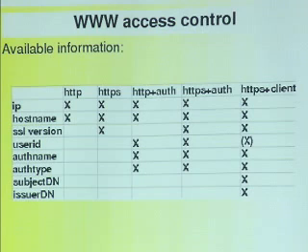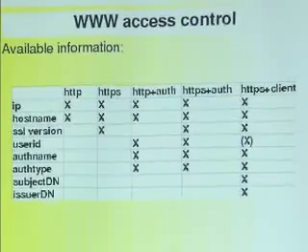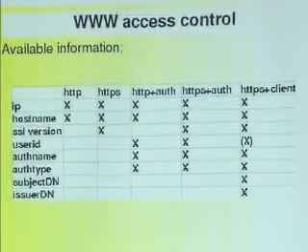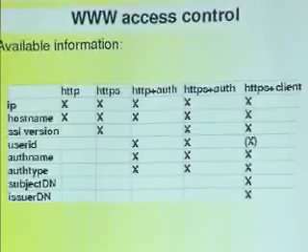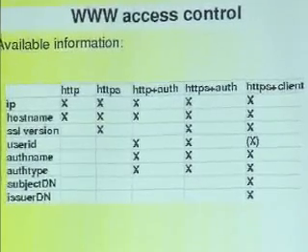But at that point, you might have different types of information depending on what kind of connection you have. With a normal HTTP connection, you only have the IP number of the web client. With HTTPS, you also know the SSL version, but you still don't know any more about the client.